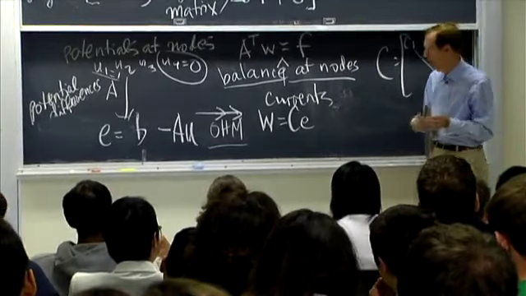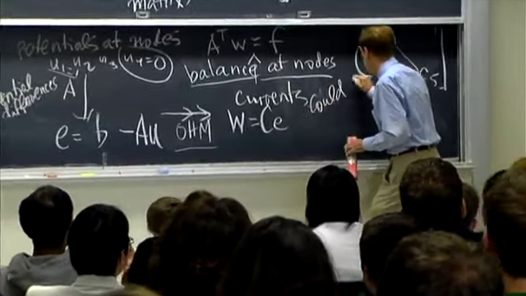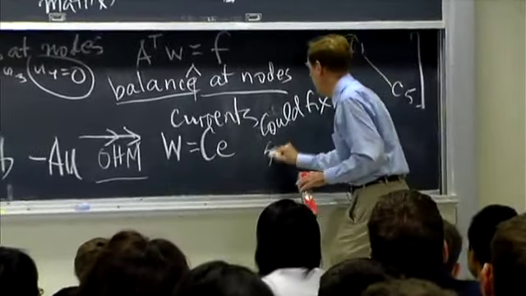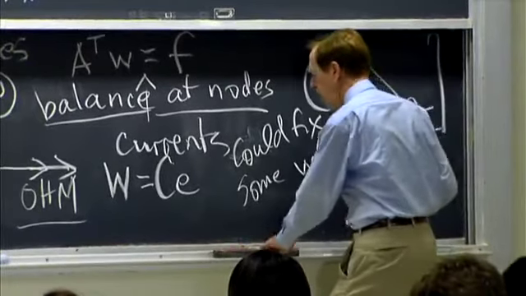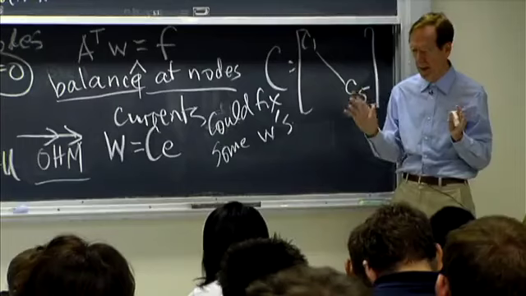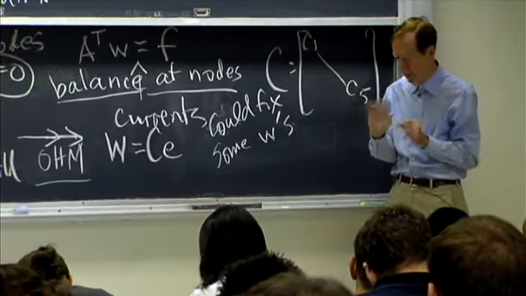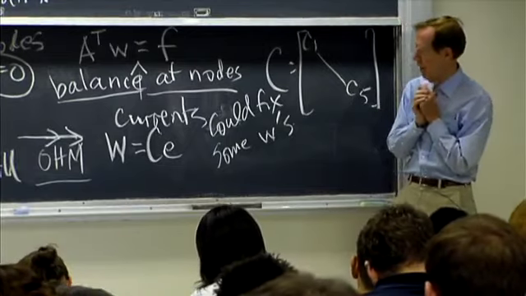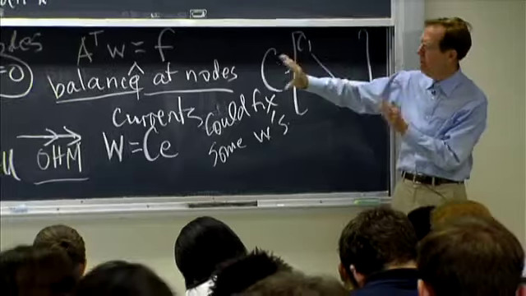And the answer is we could send them here. So we could fix some W's also. Of course, you understand, we can't do everything. There's a limit to how much we can put on the system. We want to have some unknowns left, some matrix still.